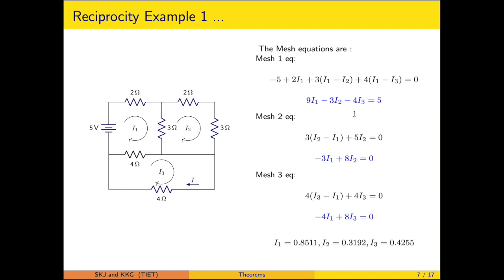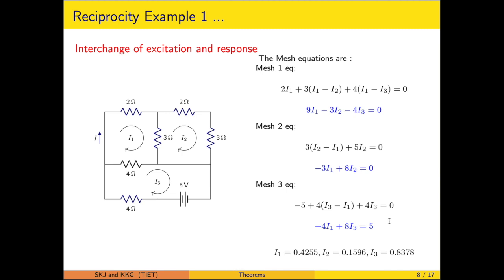Now this set of three equations is solved by a standard method. You can make use of the elimination of variables, or you can go for matrix inversion. The final values come out like this. So with the 5 volt, the value of I3, which is the response I, is equal to 0.4255.